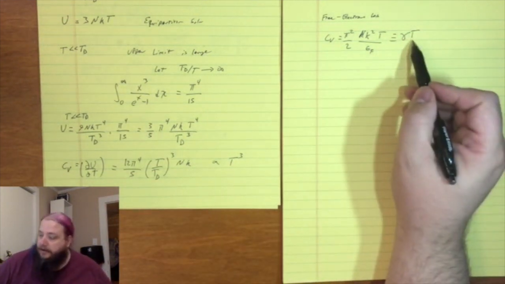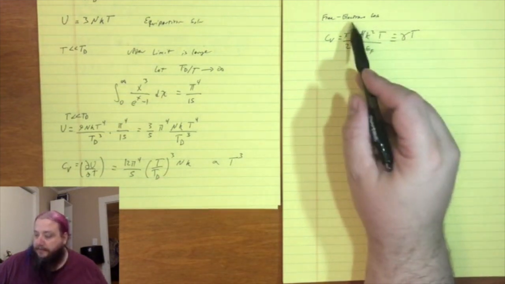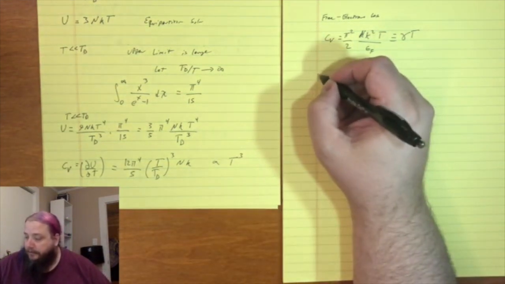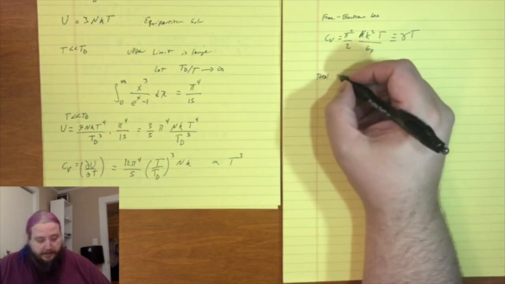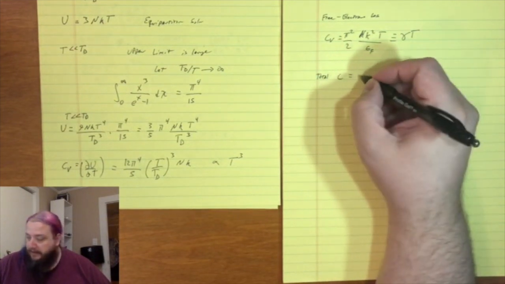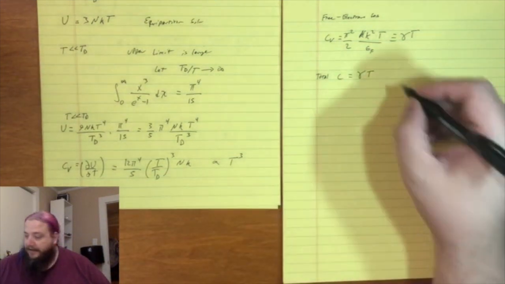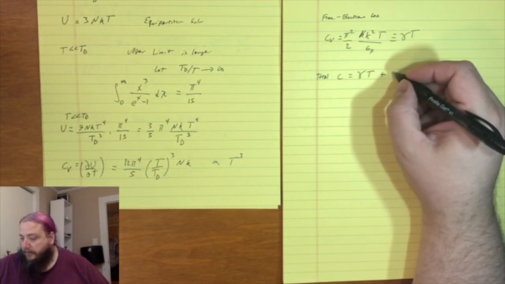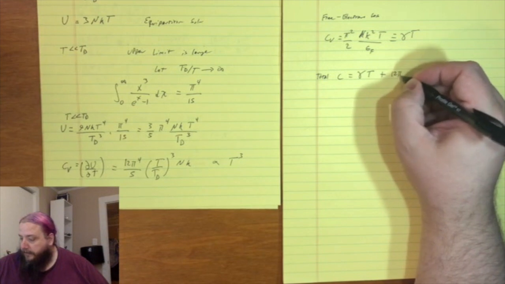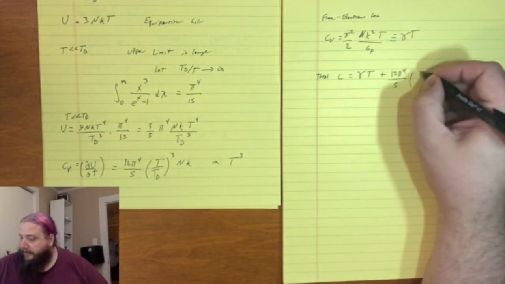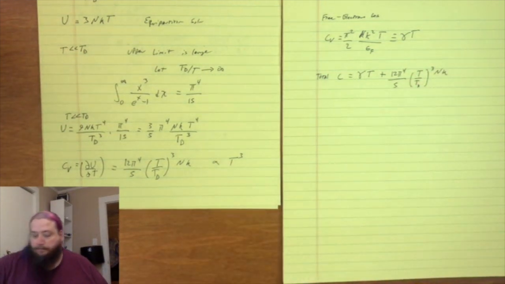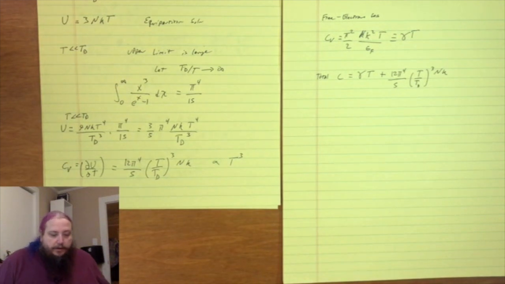So there's a linear term in the C_V from the electrons and a T cubed term in the C_V from the molecules, and so the total heat capacity would be the sum of those two, a linear term plus our cubic term, 12 pi to the fourth over 5 times T over Debye temperature cubed times nk, for temperatures much less than the Debye temperature.